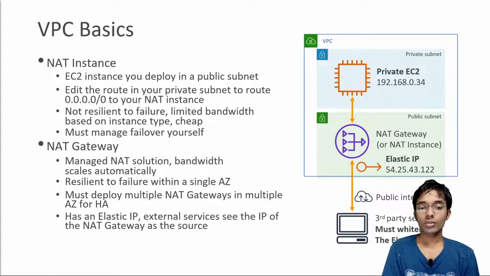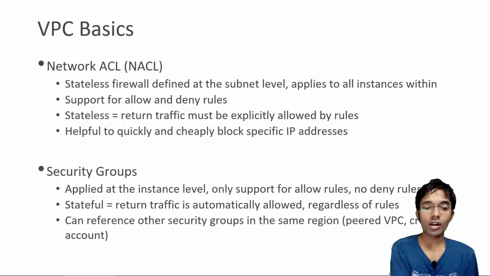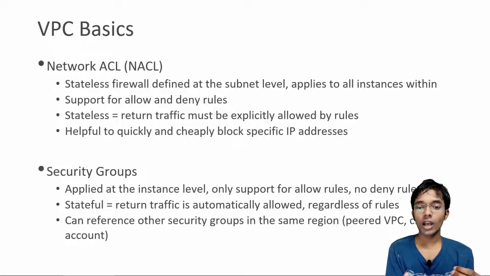Okay, next we have network ACLs, NACLs. They are stateless firewalls defined at the subnet level, and they will apply to all the instances within that subnet. NACLs are special because they allow for allow and deny rules.